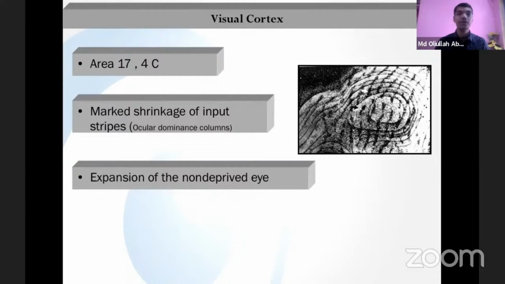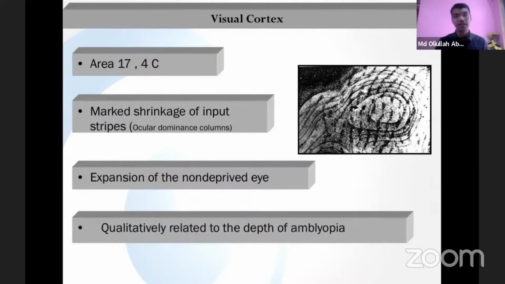So it's the quantity as well as the quality of the suppression of the non-dominant eye that is explained by this theory. The depth of amblyopia is contributed to by this pathway.